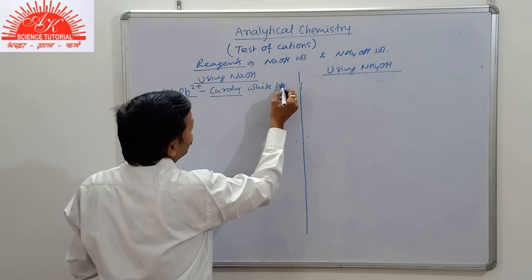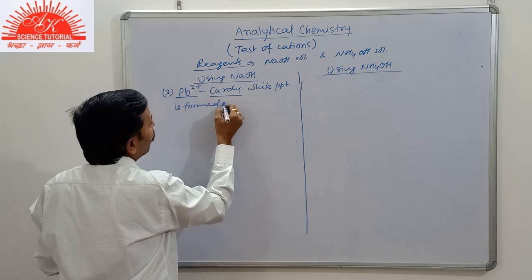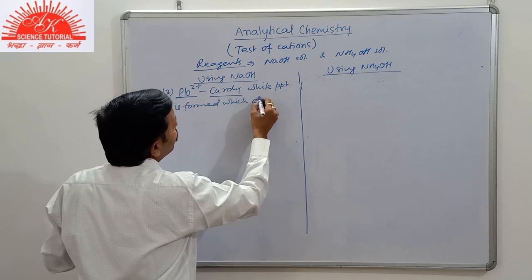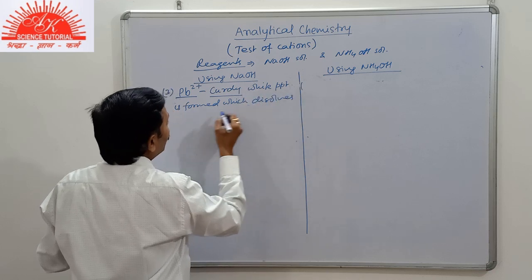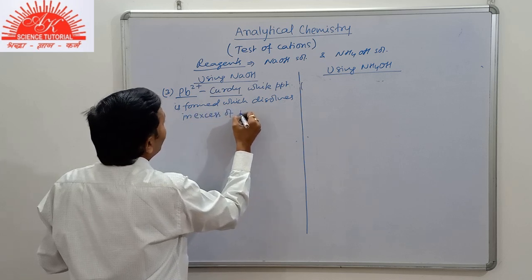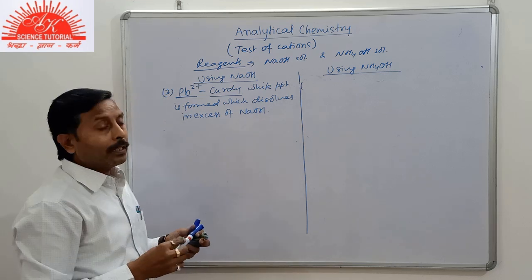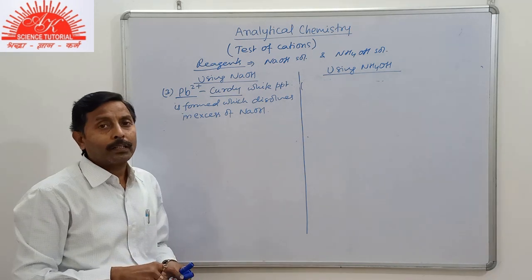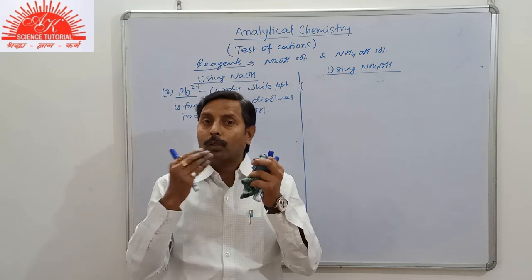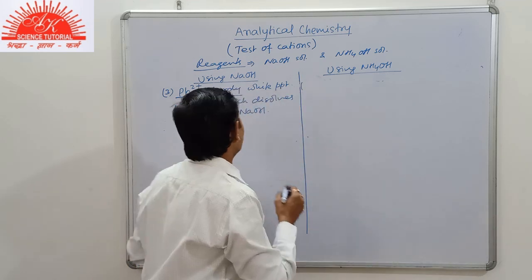Curdy white precipitate is formed which dissolves in excess of NaOH. Now we write here, for lead we can use only lead nitrate, because lead chloride is insoluble, lead sulfate is insoluble, lead carbonate is insoluble. So we can use only lead nitrate for this reaction.